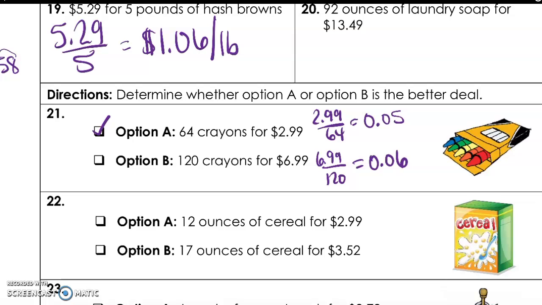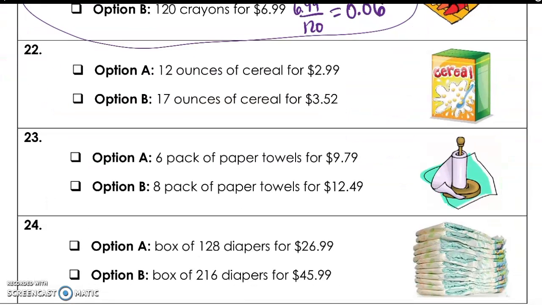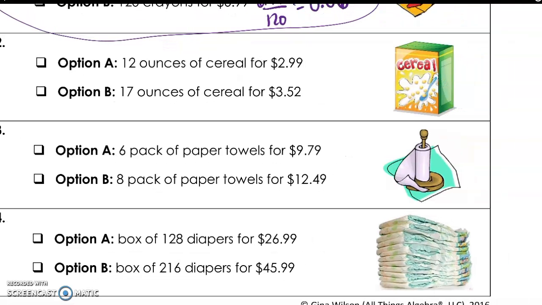All right, so on your homework and whenever we get to a quiz, I would expect to see all of this. Okay, you can't just check one of them. You have to show me why. So you would have to find the unit price. Same thing with 23. For option A, we have a 6-pack of paper towels for $9.79. So $9.79 divided by 6.